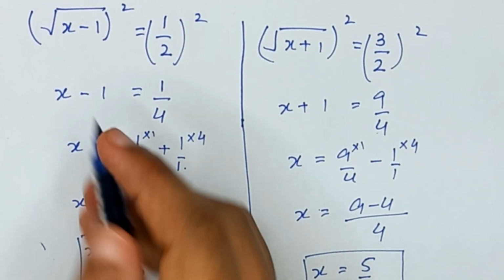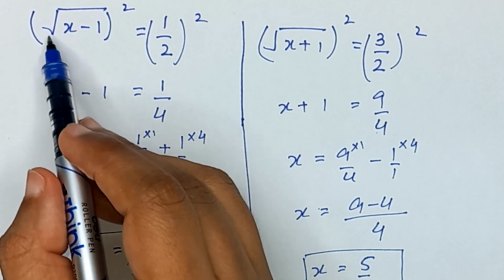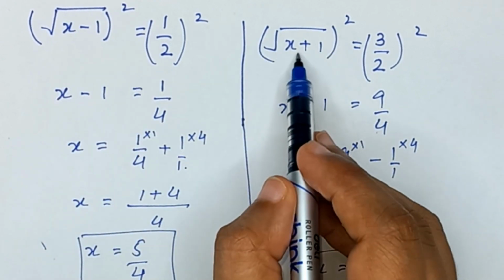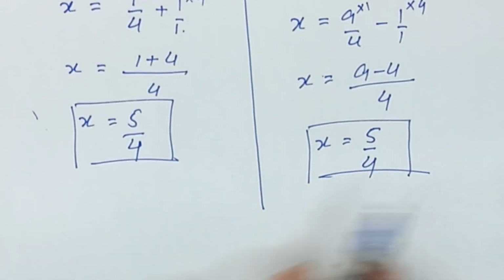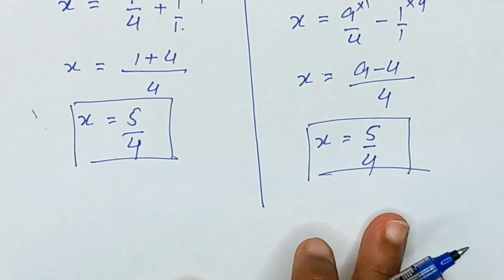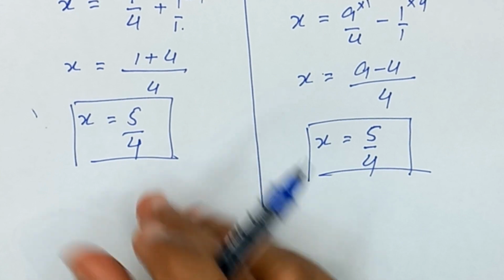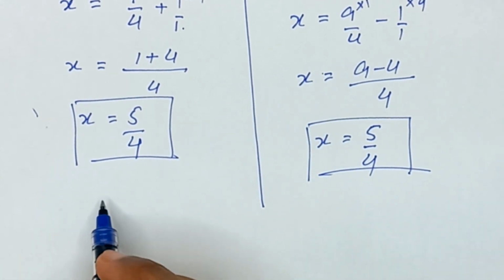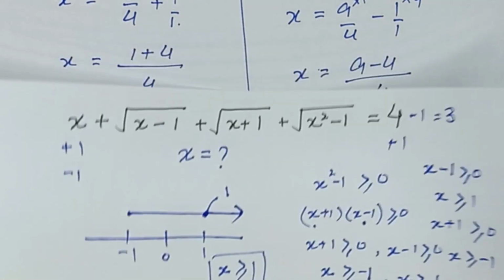So when we substitute the value of a, which is square root of x minus 1, and the value of b, the value of x remains the same. So here we have the value of x is equal to 5 divided by 4. Now we have to check whether the value of x satisfies our given equation or not.